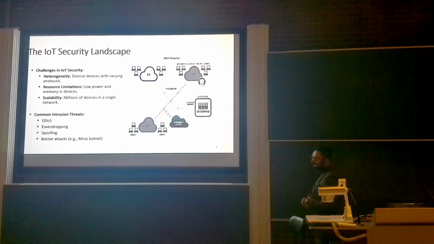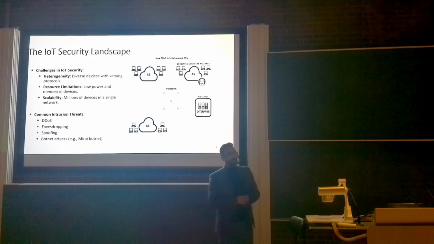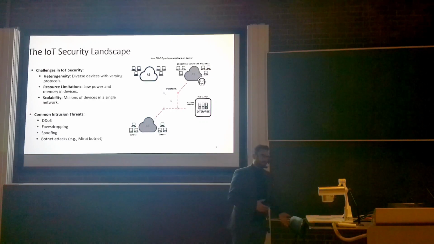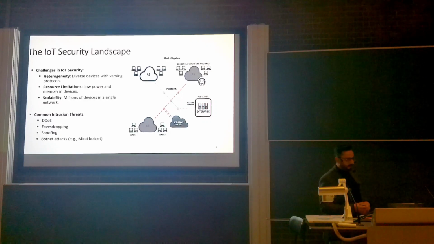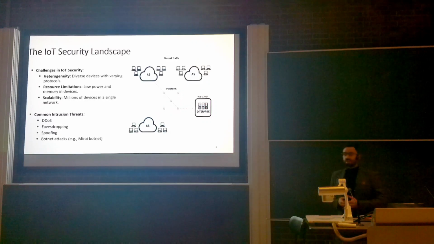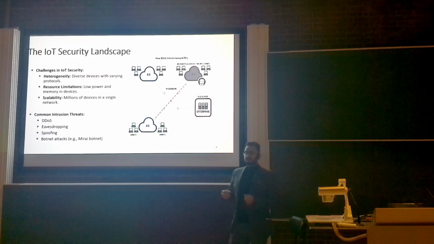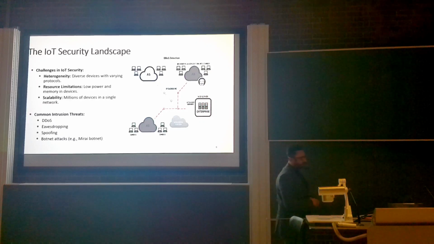Also, the resource limitation of those devices makes it very difficult to implement things like encryption and decryption of the data, or implementing some AI model, for example, to try to filter the communication or the data that goes in and out of those devices.